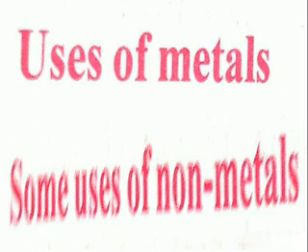Next, electrical appliances, automobiles, satellites, aeroplanes, cooking utensils, machinery and decorative materials are all made from metals. So metals are used in the preparation of these things.